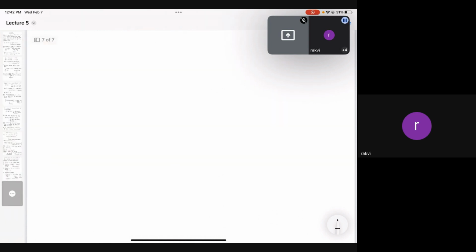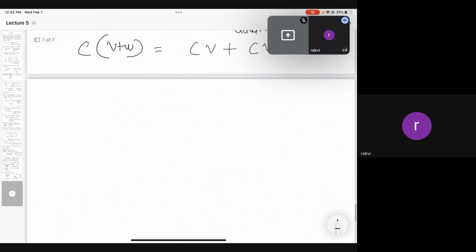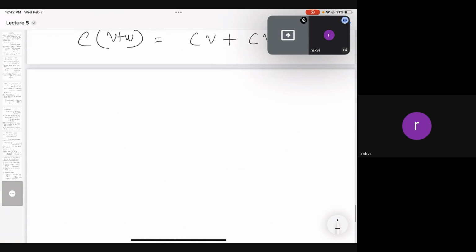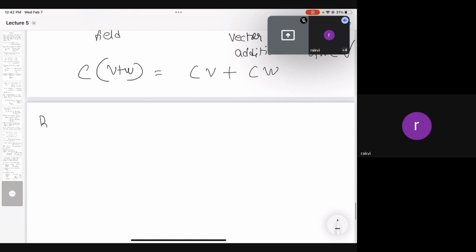So now that we know it's a vector space, every vector space comes with a basis. Again, let's go back to our example. We had R^n over R. Inside these, we have these nice coordinate vectors.